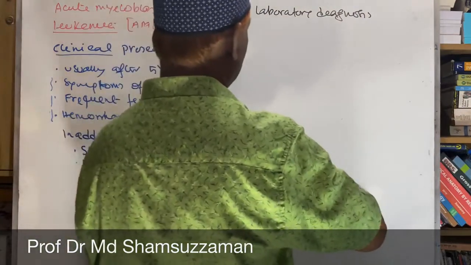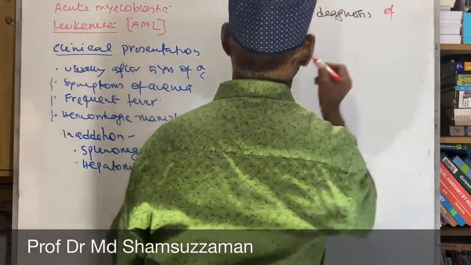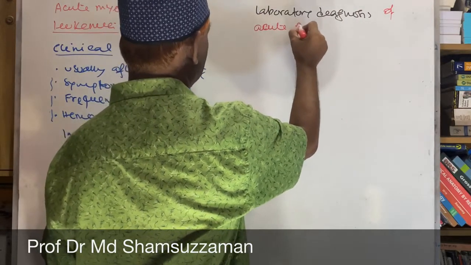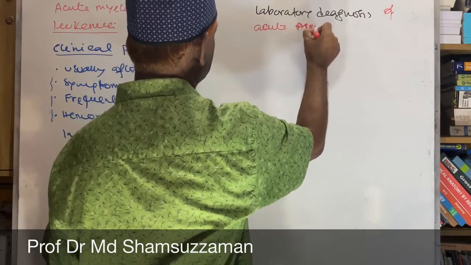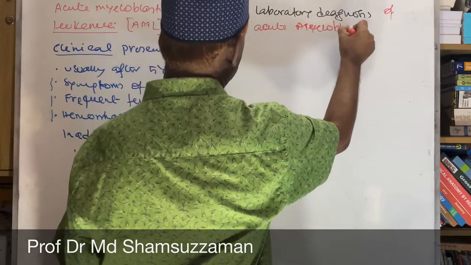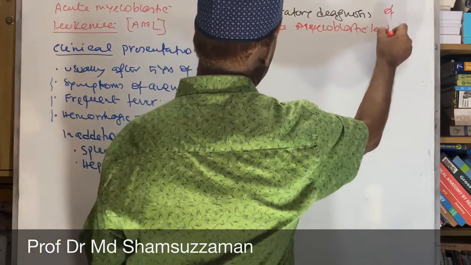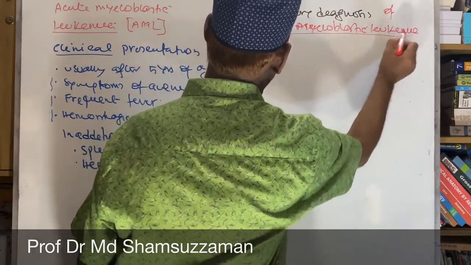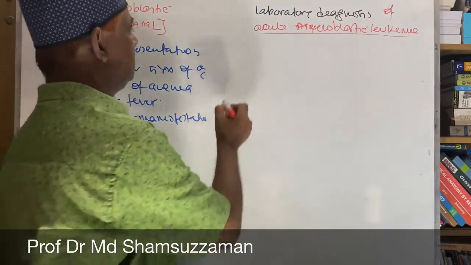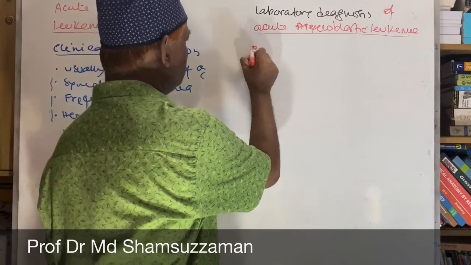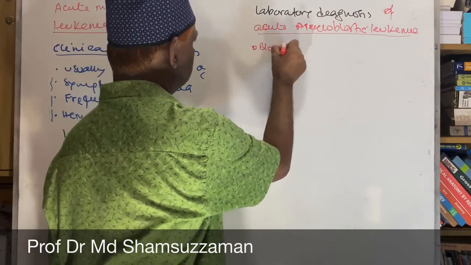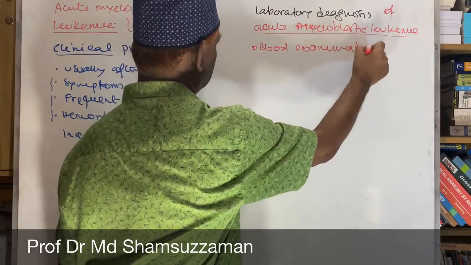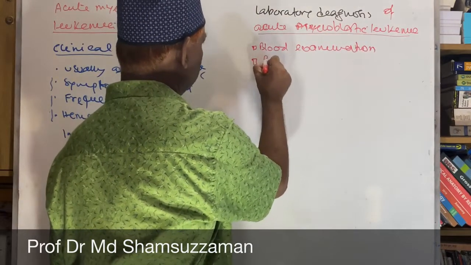Laboratory diagnosis of acute myeloblastic leukemia. Like acute leukemia, first we have to do blood examination. Then bone marrow examination.